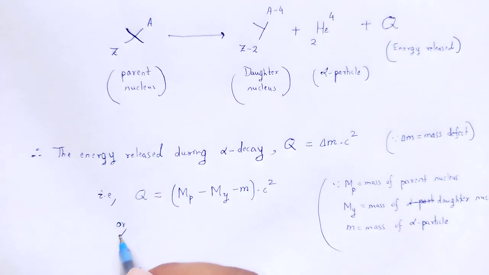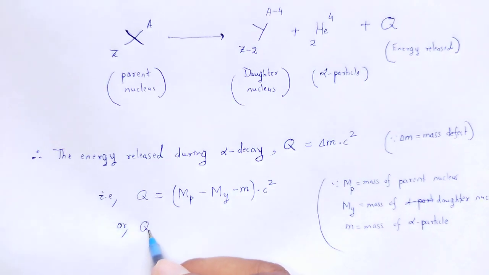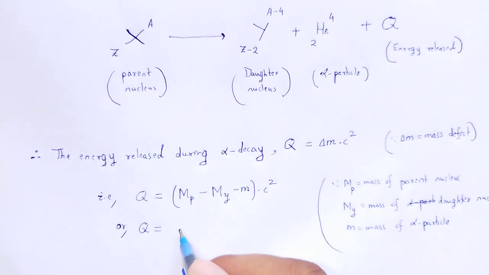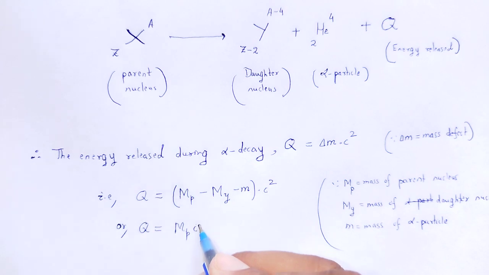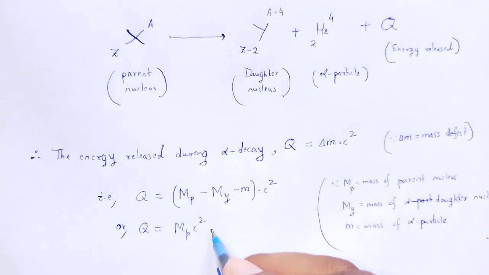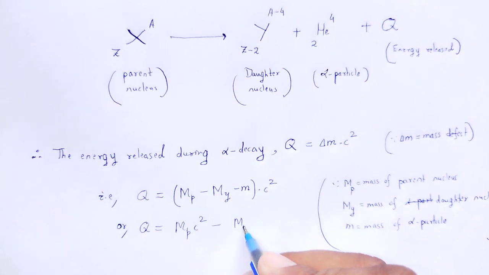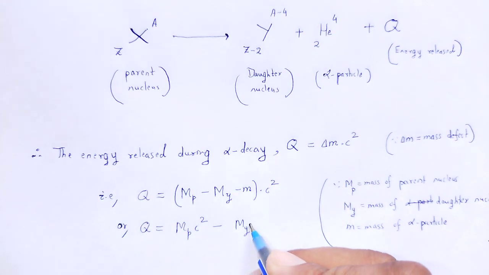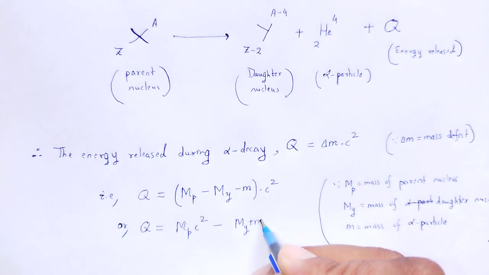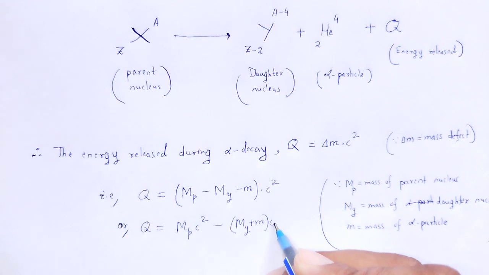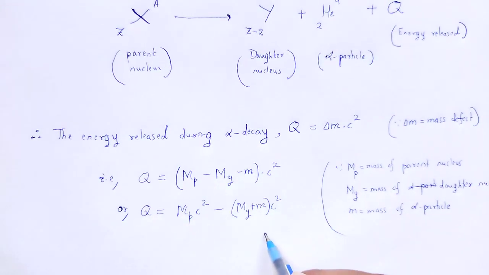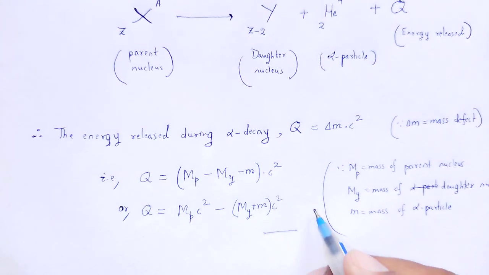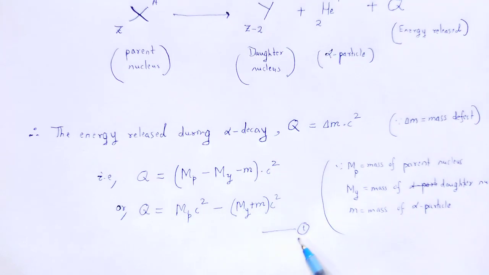That expression: Q is equal to MP c square minus My plus m c square. Let this be equation number 1.